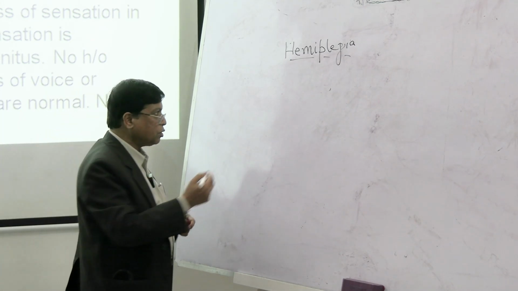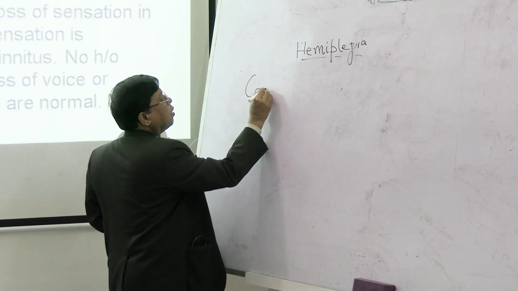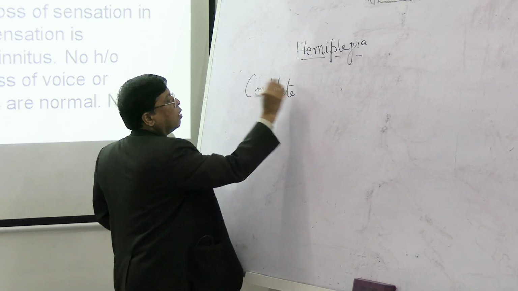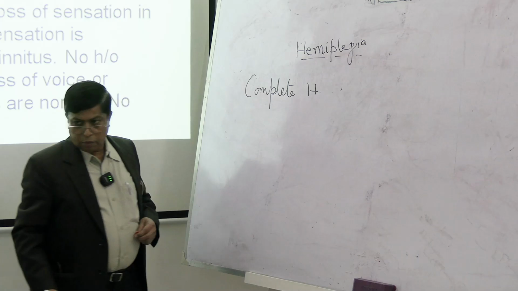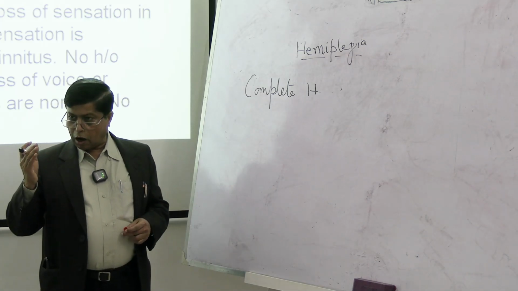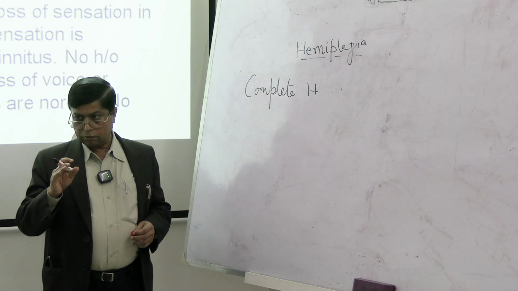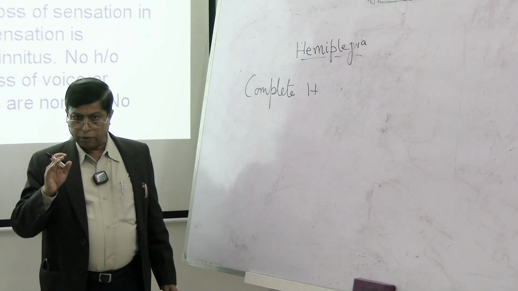So there are types of hemiplegia. One is called complete hemiplegia. Complete hemiplegia means half of the body and half of the face of that side are involved.